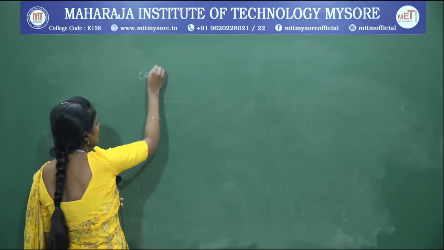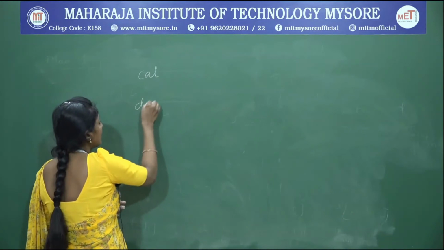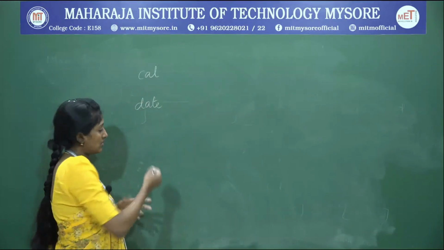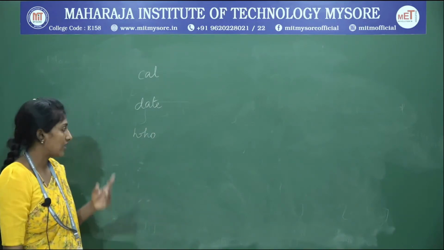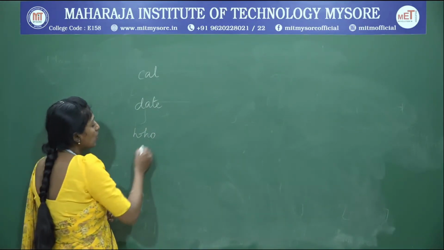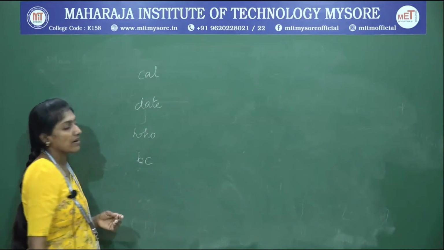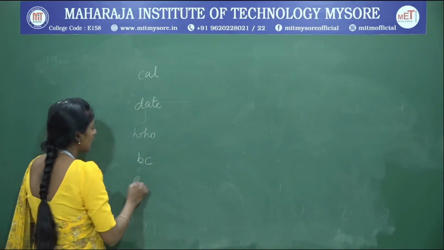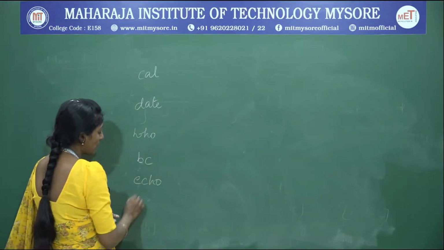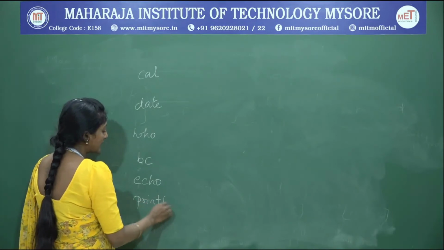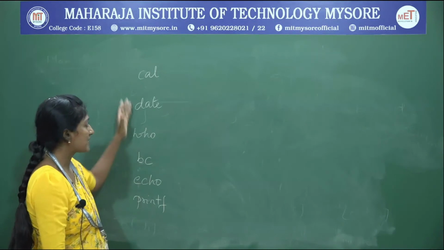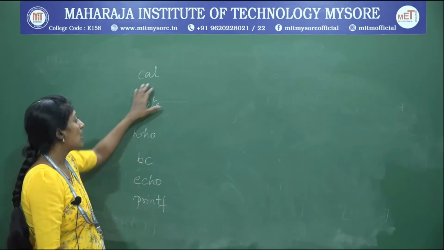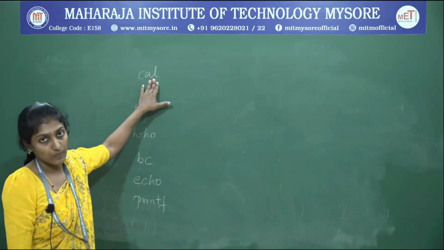One is basic commands: the cal command, the date command. I have already specified what those commands are. The who command, we do have one more command, the bc command. Likewise we do have one more command, the echo command. Next is the printf command. So let me go through a few of these basic commands along with their options also.